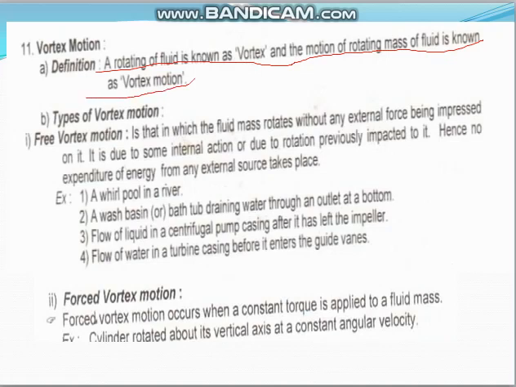See, this vortex motion is very important in many applications. Okay, so let's see about this. There are two types of vortex motion. One is the free vortex motion, another one is the forced vortex motion.